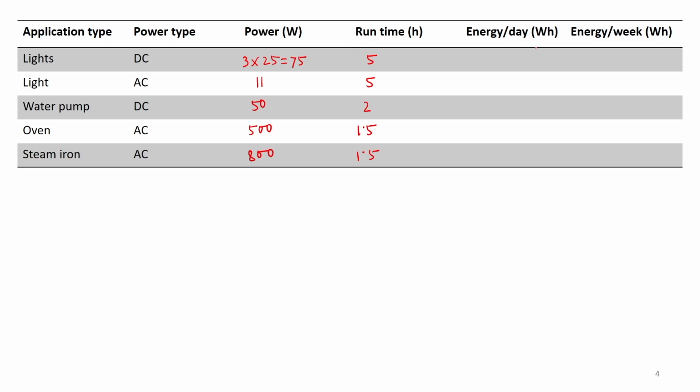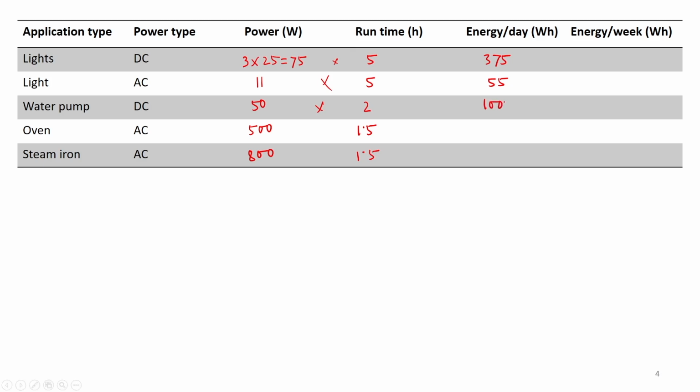So, energy requirement daily in watt hour: we multiply 75 by 5, which gives 375, then 11 multiplied by 5 is 55, then 50 into 2 is 100.